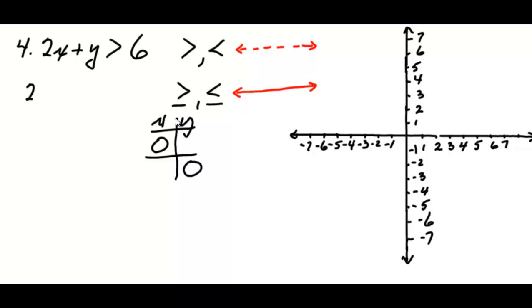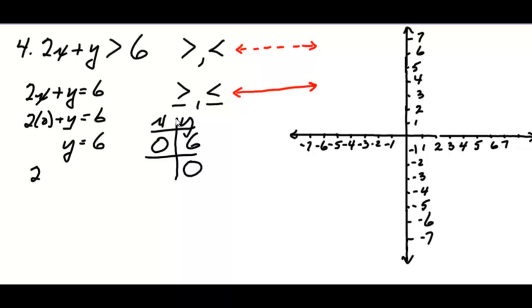So if we have 2x plus y equals 6, and we put 0 for x, then y equals 6. So we've got that point.